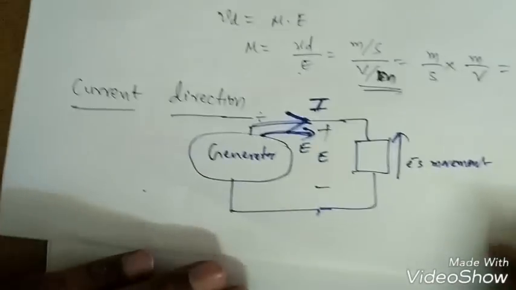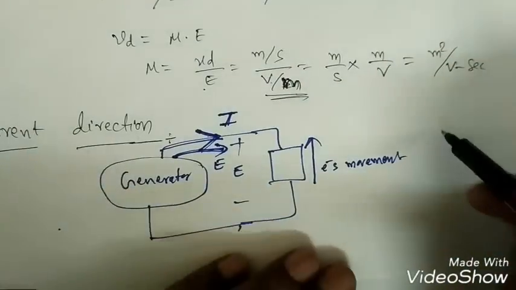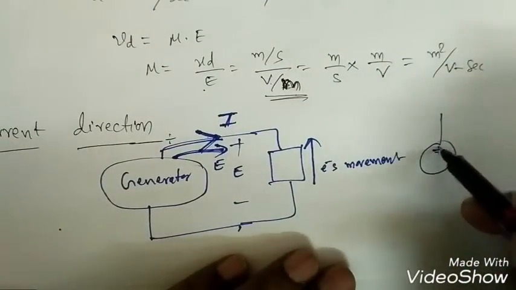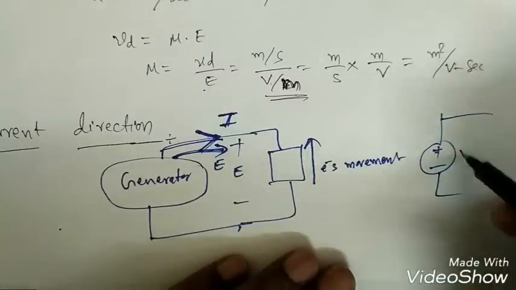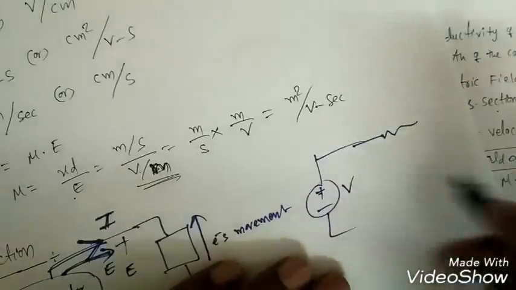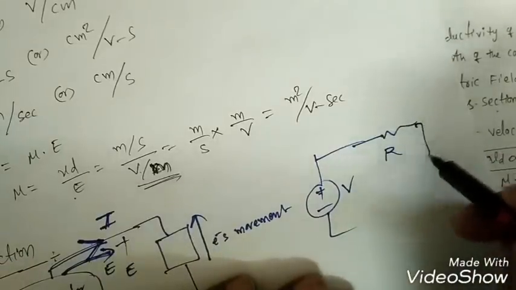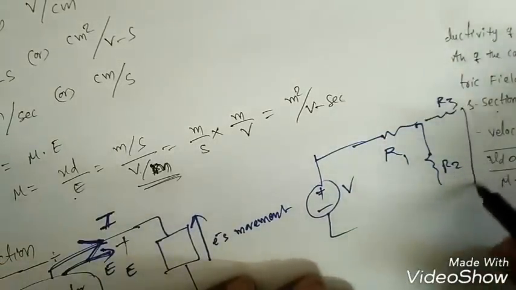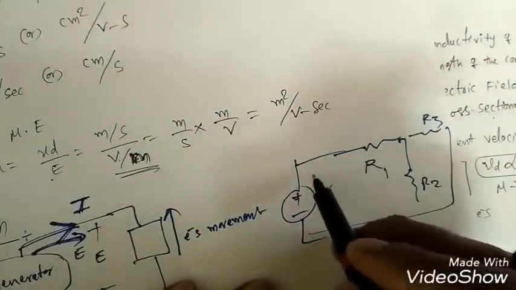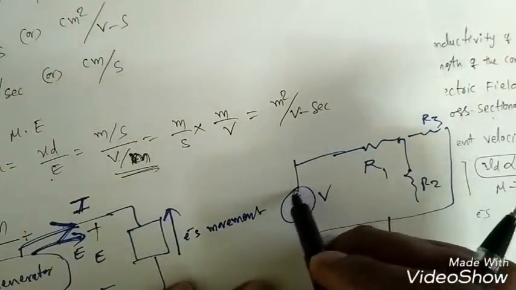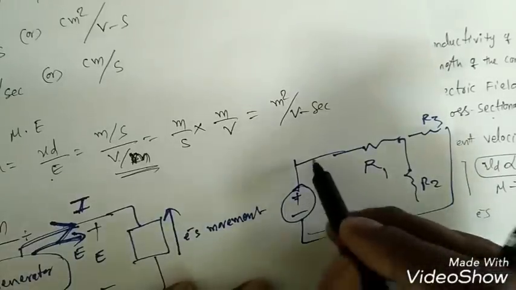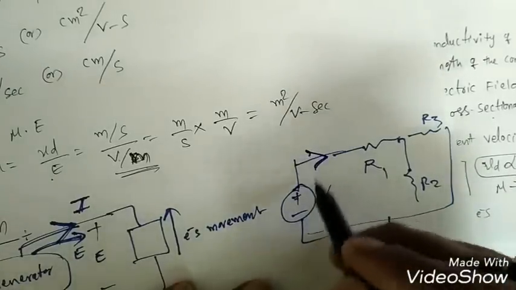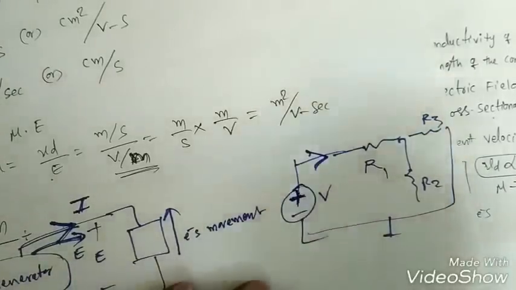So that is the reason, when we take any circuit, it may have a generator, electric field or voltage, whatever, and so many resistors R1, R2, R3, etc. The conventional current from the source is always out of the positive terminal, right?